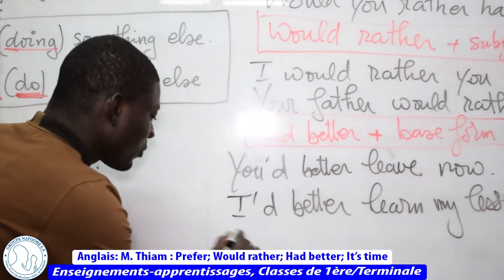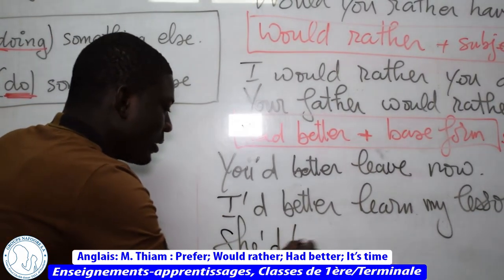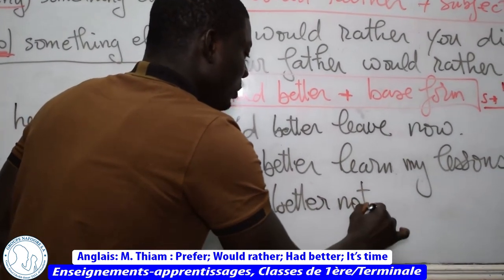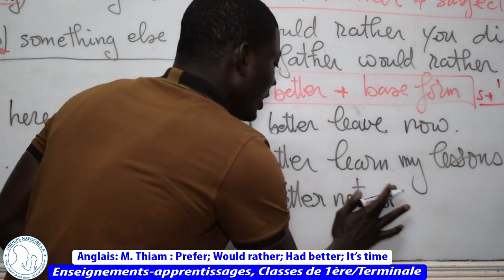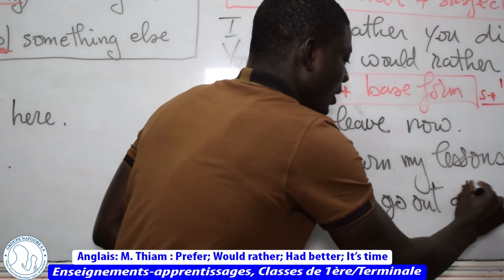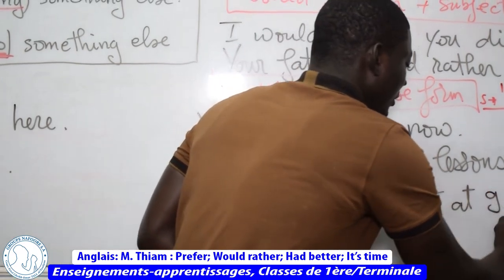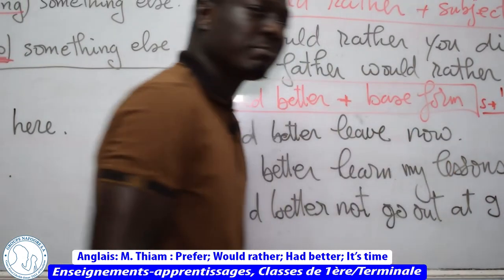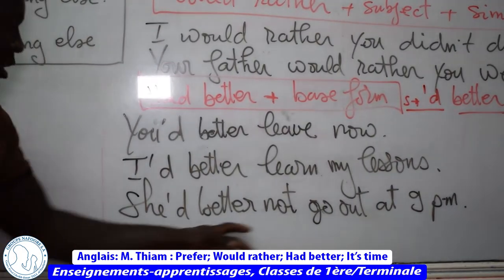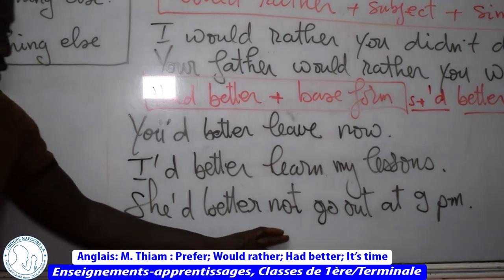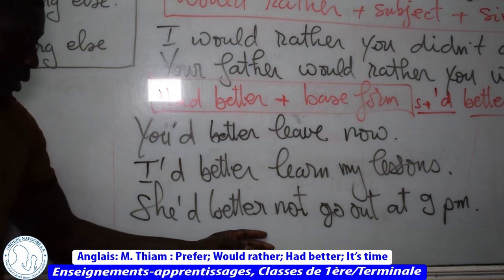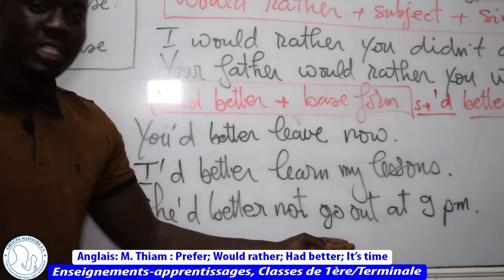Understand that? Okay? Then say, "She'd better not go out at 9 p.m." She'd better not go out. Now, even if you want to use the negative form, after "had better" you will write "not" before the base form.